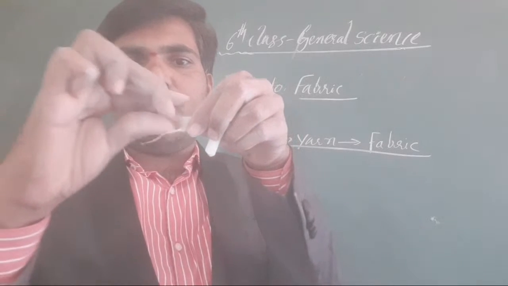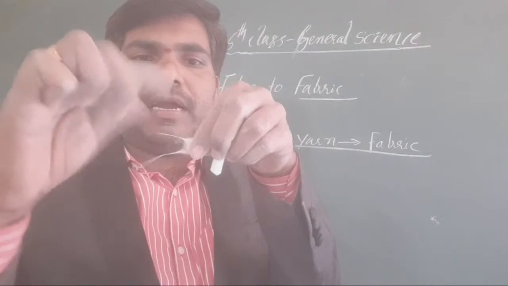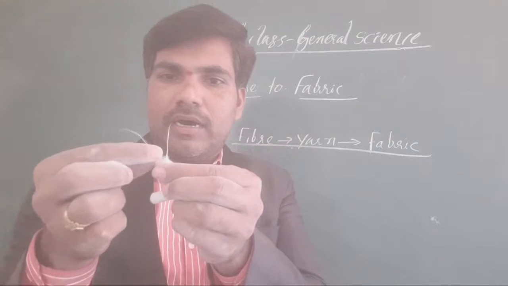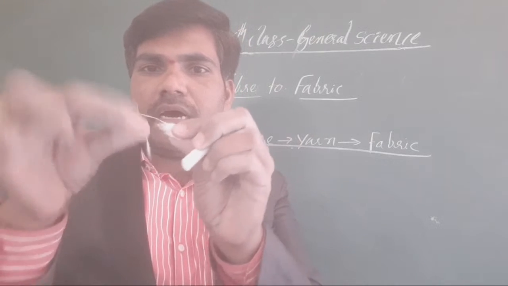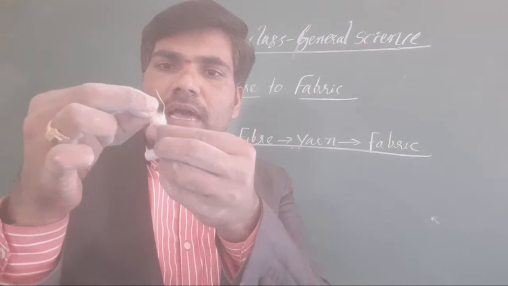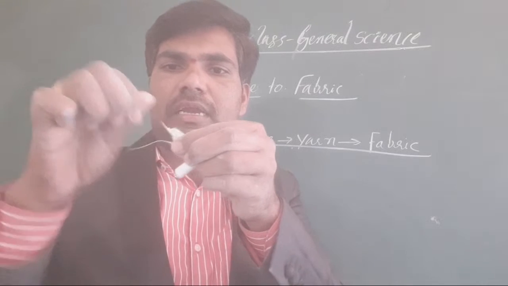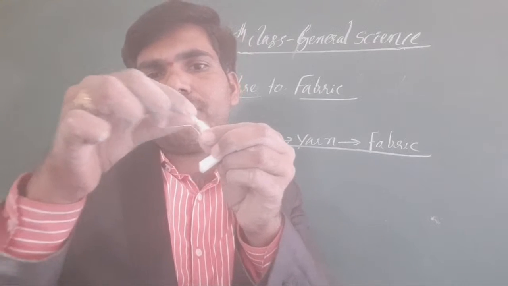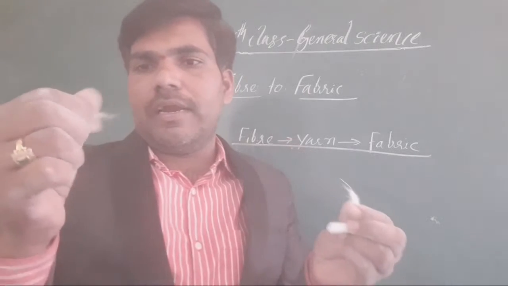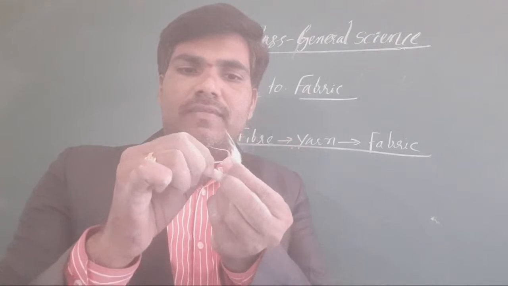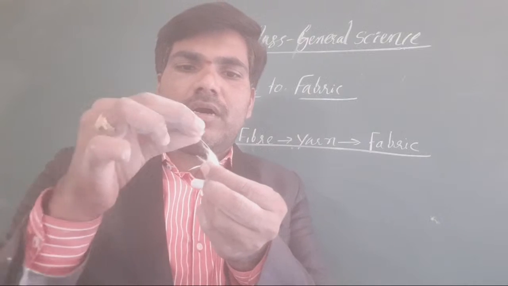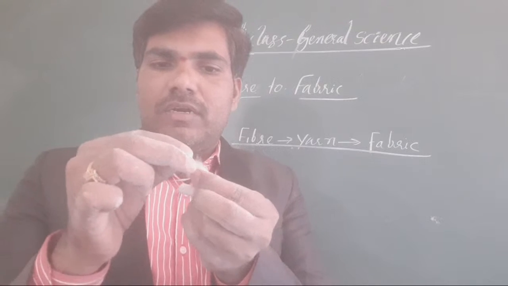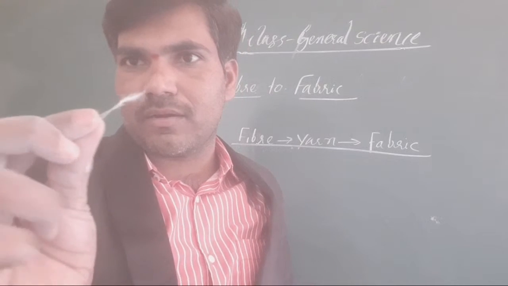I have taken one more yarn also, prepared. These two are called yarn. Like these yarns we have taken, these yarns are connected in a horizontal as well as a vertical manner, like this.